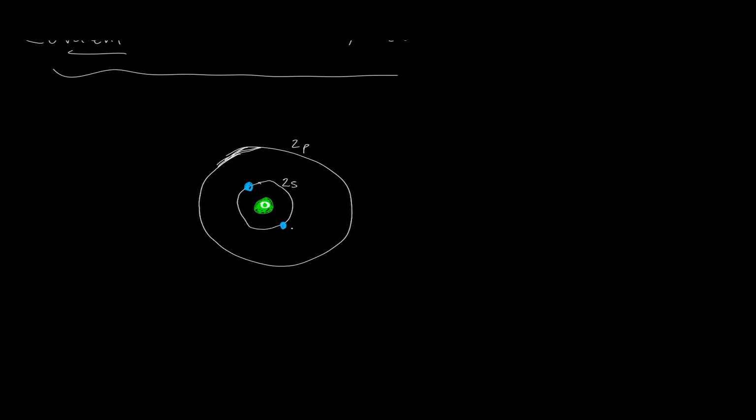Well, here's 2 of them here in the 2s. So therefore, 2p must have, let's go back to that blue, they should all be the same size, by the way, these electrons, of course. I'm going to draw a couple here, and possibly put one over here.